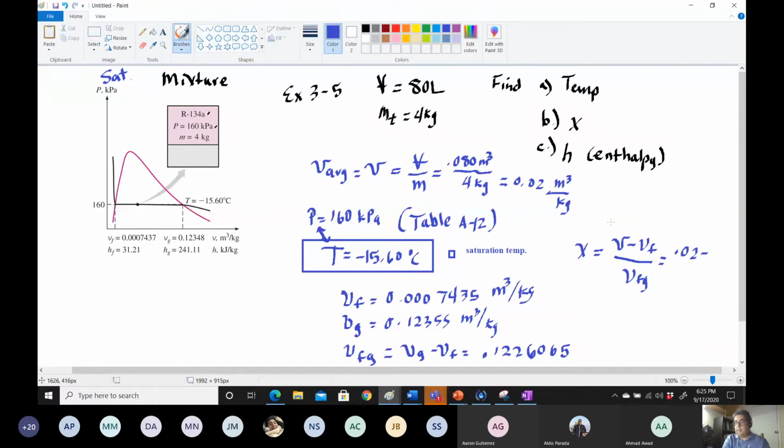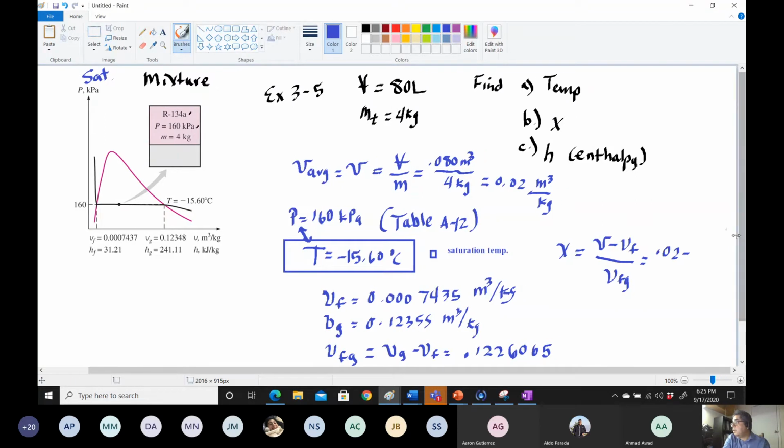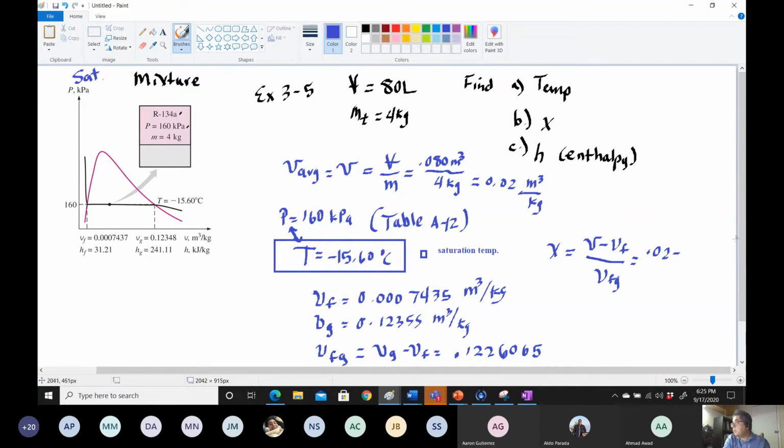That's long. Here, let me get some more room here. All right, so this is 0.0007435, right? Divided by 0.1226. I'll just go to 4 decimal places.